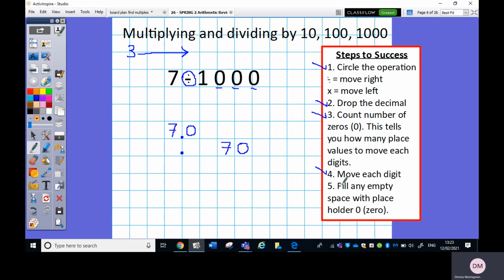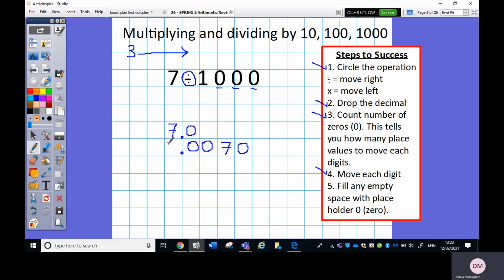And then number 5, fill any empty space with placeholder 0. So between my decimal and 7, there are 2 placeholders here. Okay, so my answer is 0.0070. Is that okay?